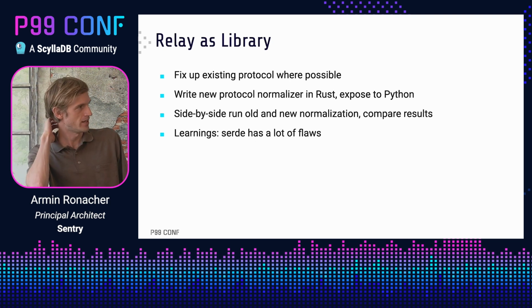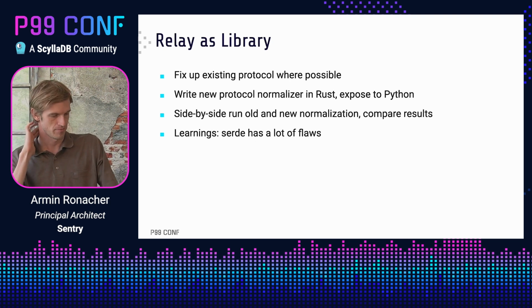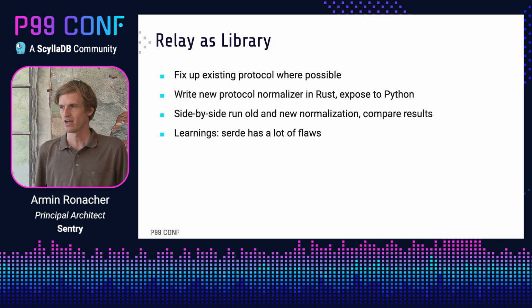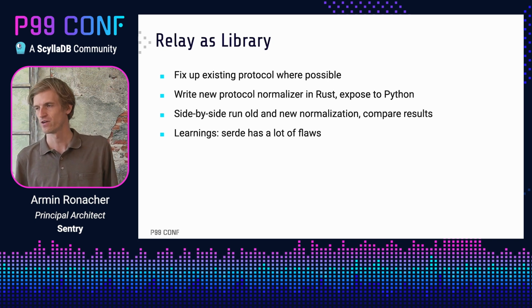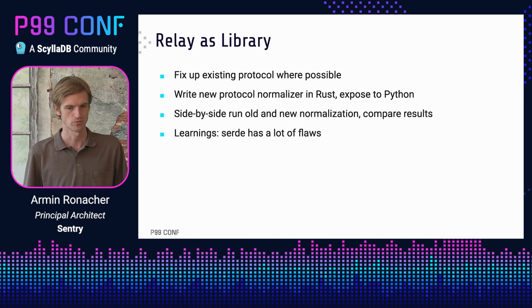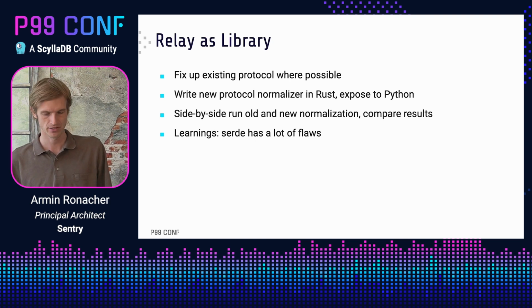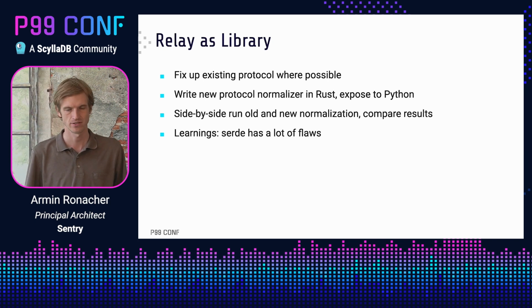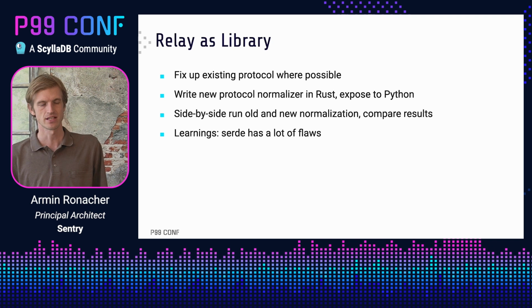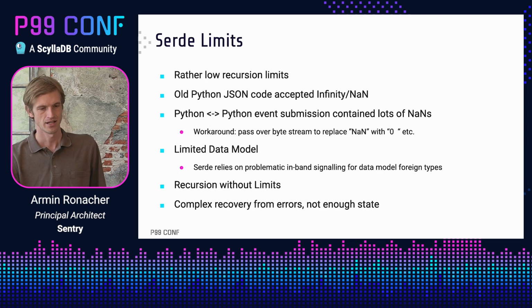If you think of writing a protocol, parsing a protocol in Python and Rust, you actually very quickly figure out that if Rust comes after Python, then you might actually have something supported on the Python side that no other language would ever support. And when we started using Serde, which is the most commonly used JSON and serialization library on Rust, we discovered that we couldn't express everything in Serde at the time.